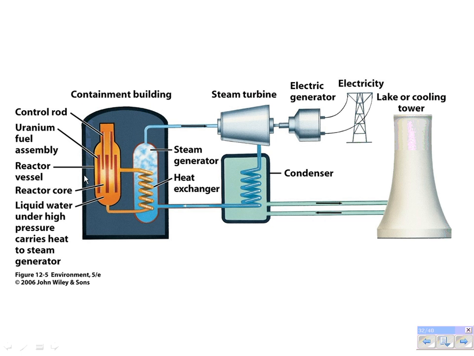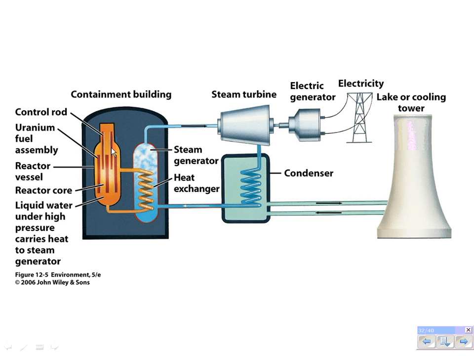Inside of our containment building, we have our reactor vessel and our reactor core. This is where the fission reaction is taking place. We have control rods. You can see them right here. The control rods are made of metals such as boron, which will absorb neutrons, so they will stop the reaction.